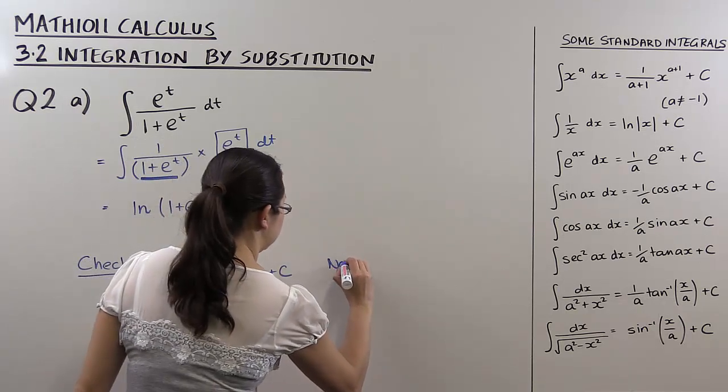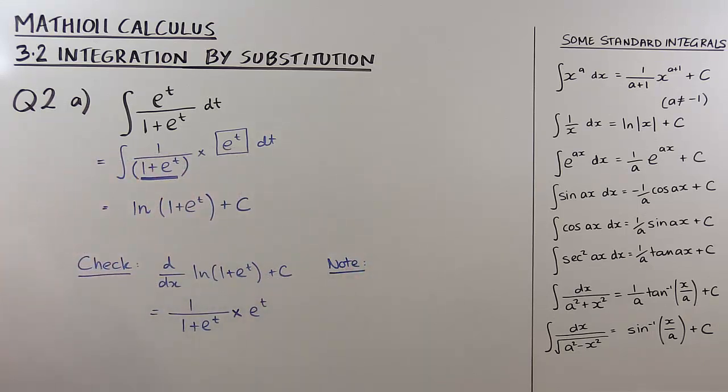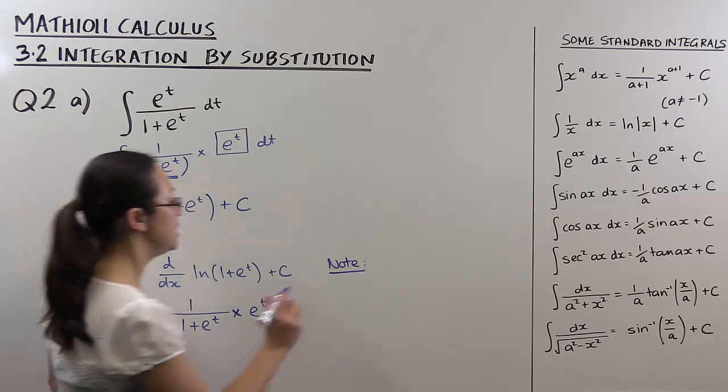Note, if you wanted to more formally do it, you could use substitution and let u equal 1 plus e to the t.